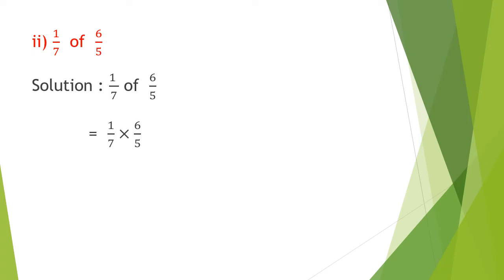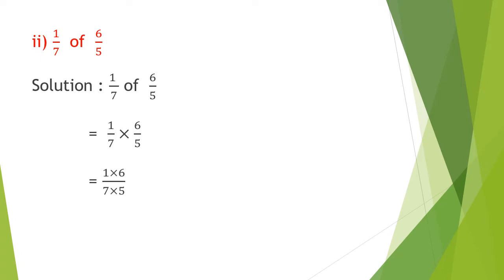Our next sum is question number 2. 1 by 7 of 6 upon 5. Here also the first step is to change the operation of into multiplication. That gives 1 by 7 multiplied by 6 upon 5.